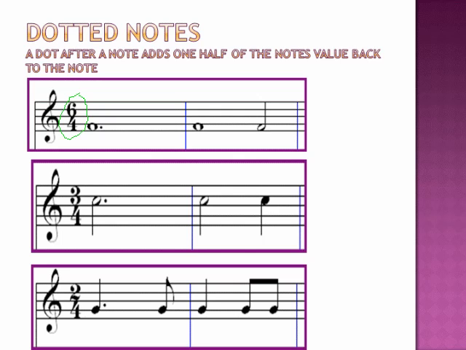The bottom number is a 4. If the bottom number is a 4, that means that a quarter note is getting 1 beat, what we just talked about. And then the top number, in this example the 6, means how many of those 1 beat quarter notes are going to be in the measure.